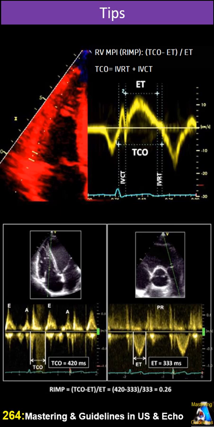Then we put it in this formula. We can calculate MPI of the right ventricle, or we can do 2D. First, we go on the pulse Doppler at the tricuspid valve on the apical four chamber. We measure TCO, and then we go PSAX and LVOT, sample volume, pulse wave Doppler. We measure ejection time. Then again, with that formula, we can calculate MPI of the right ventricle.